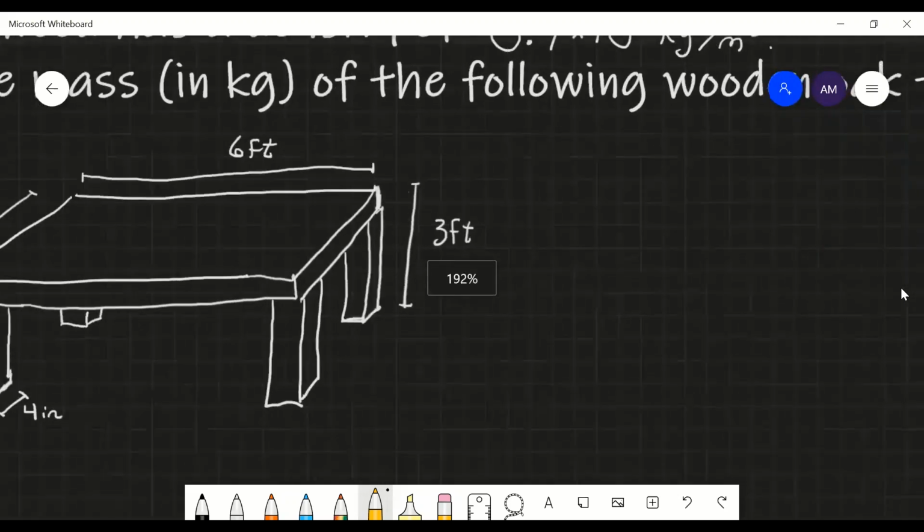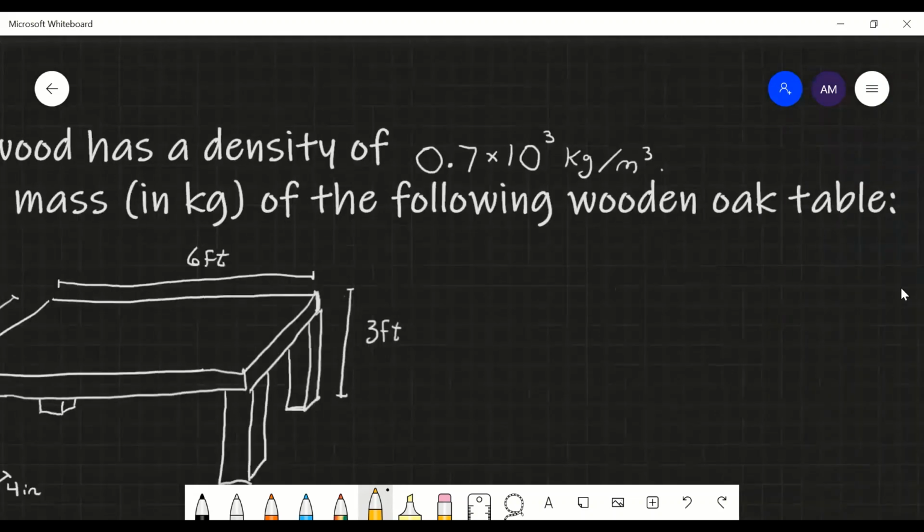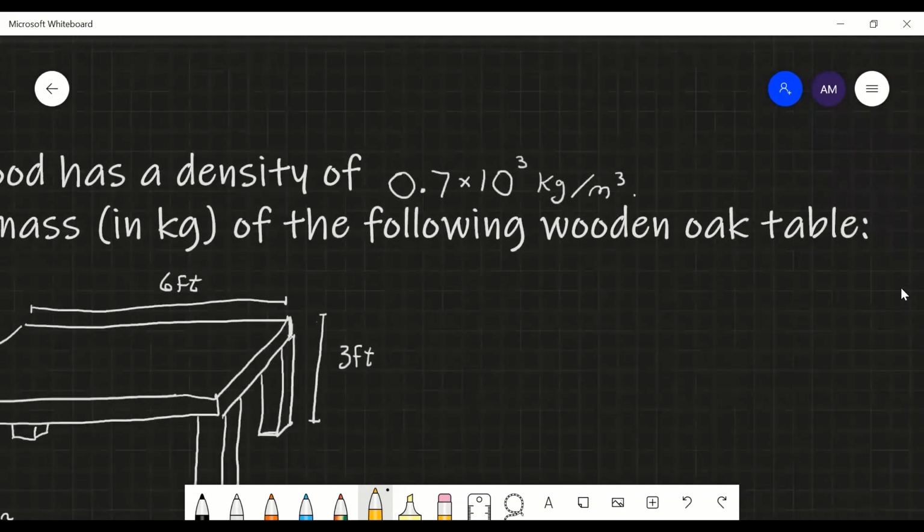So, interesting. If we look at this density, it says that it's so many kilograms per cubic meter. So kilograms is a unit of mass, or how heavy something is, more or less. And that's not exactly correct. If you study physics, you'll understand how mass and weight mean two different things.